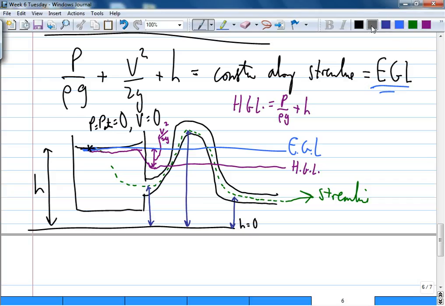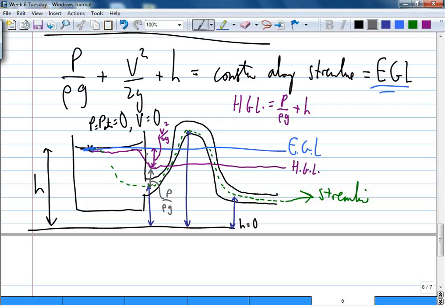So what are our colors here? The gray one, this difference, is P over rho G. Is that right? So at any point, the blue line is H, the gray one is P over rho G, and the other one is V squared over 2G. They add up together because there is no energy loss. Is that okay?